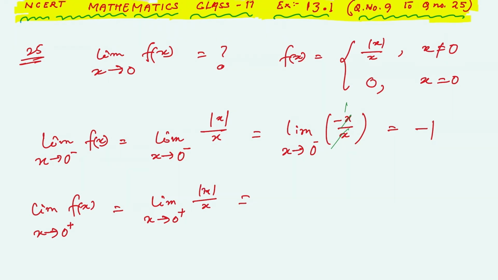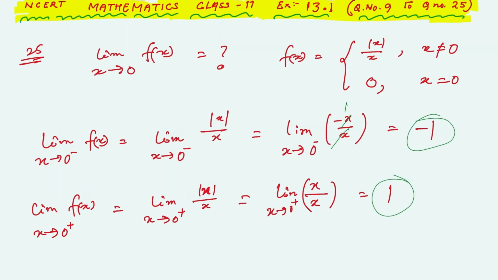For the right hand limit x greater than 0, so mod x should be replaced by positive x. So here x tends to 0 positive, so it will be plus 1. So as you can see, both the results are not the same. Here we are getting different results, so the limit doesn't exist in this case.